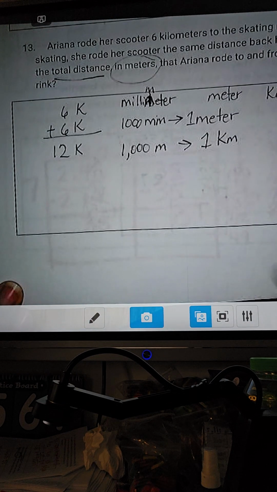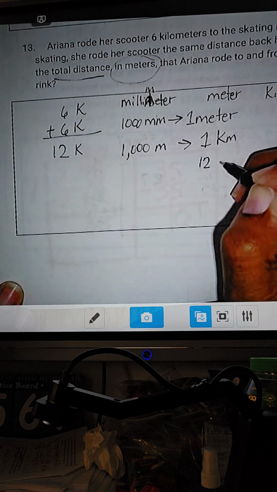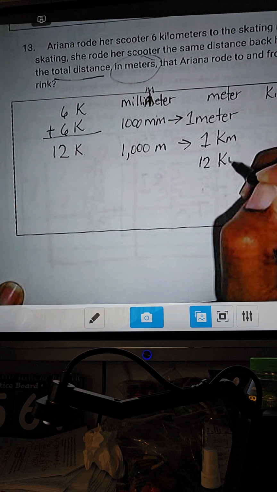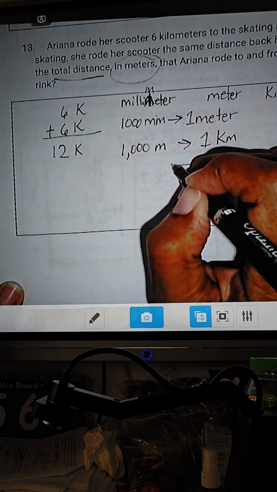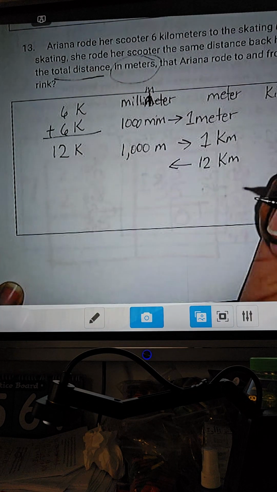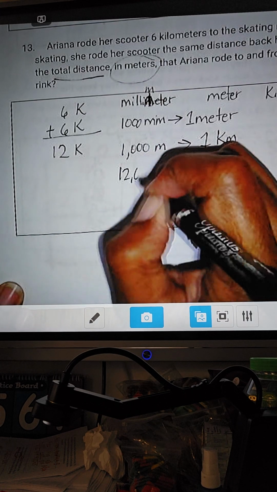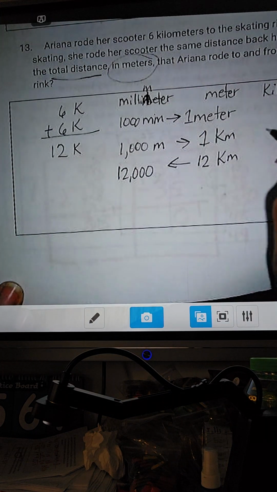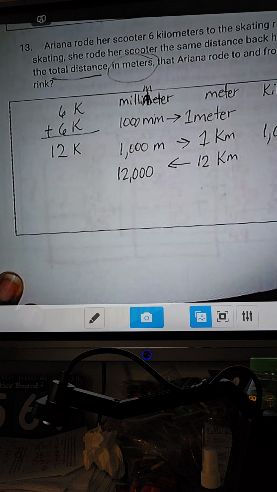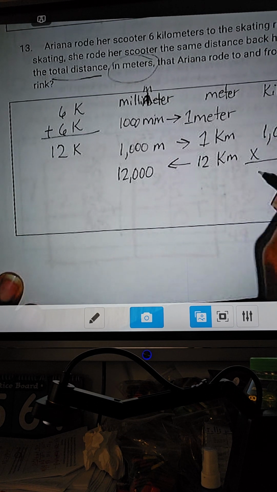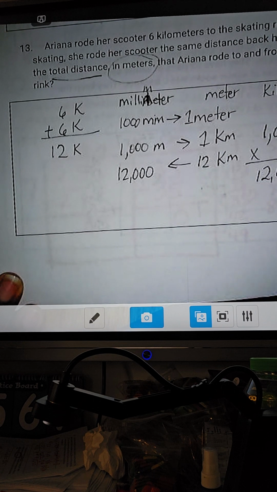So if I've got 12 kilometers, how many meters do I have? 12,000. 1,000 is the same thing we've been doing. 1,000 times 12 is 12,000. We did 2 big old pages on this.